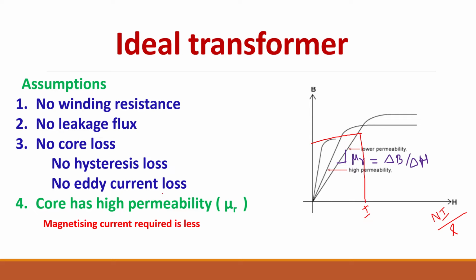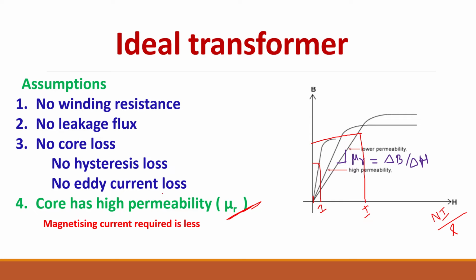Whereas if I use this type of material, or if my BH curve is here, I need only this much current. So the magnetizing current required to magnetize the core will be less if this mu r is very high. So mu r should be very high. Ideally it should be infinite, or we can say it should be along this B axis.